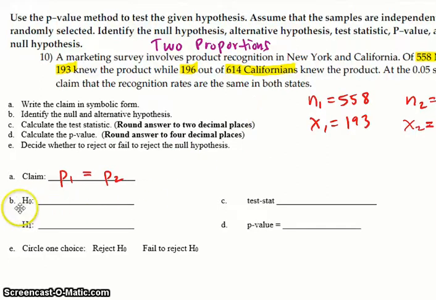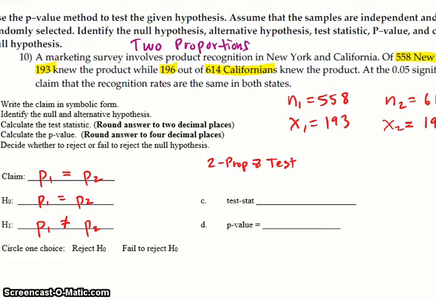The null is always a statement of equality, so P sub 1 equals P sub 2. The alternative is either the same as the claim or the opposite of the claim. So in this case, because the claim contains an equal sign, the alternative is not equal. All right, so once we have that, we're going to use two prop z tests.